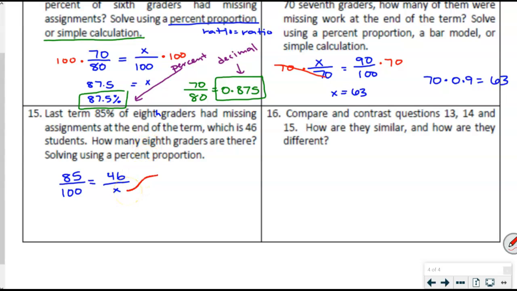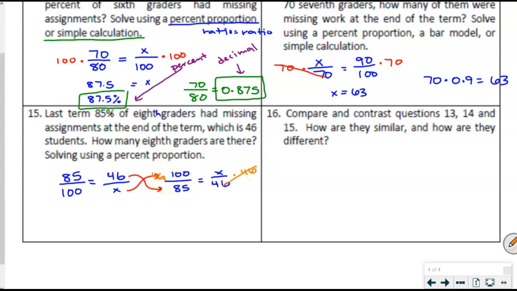So the first thing I'm going to do before I even try and solve it is flip it to its reciprocal. So I have 100 over 85 is equal to x over 46. And now I can solve this with one single solving step. X is being divided by 46, so I multiply by 46.